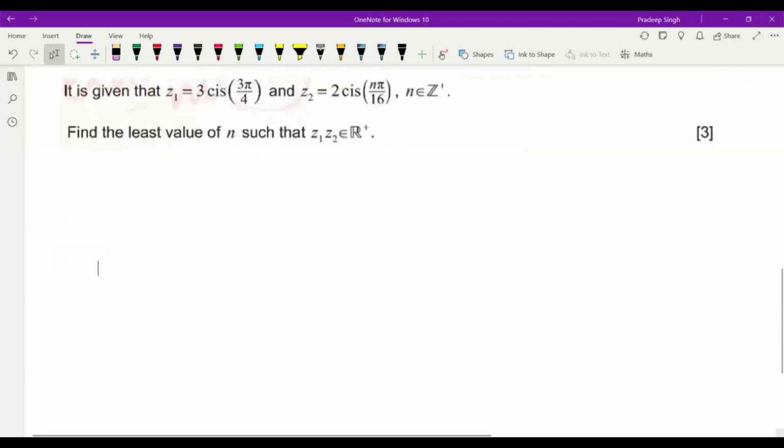Attempt and tell me if you can get it. And tell me if you need help.